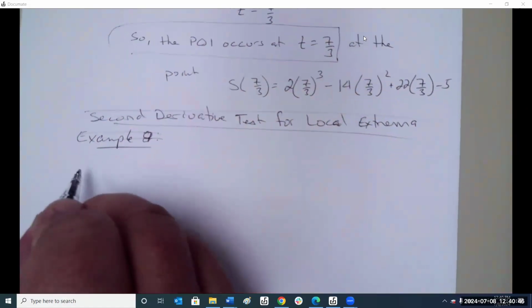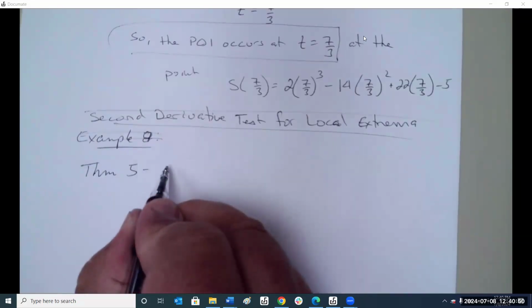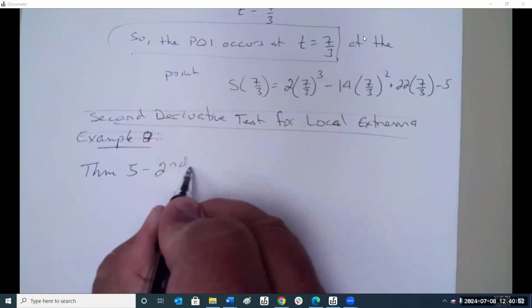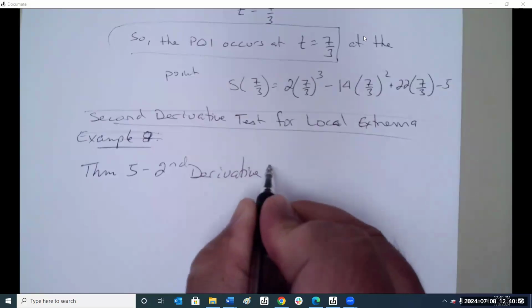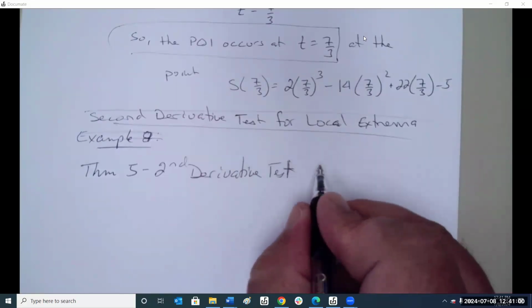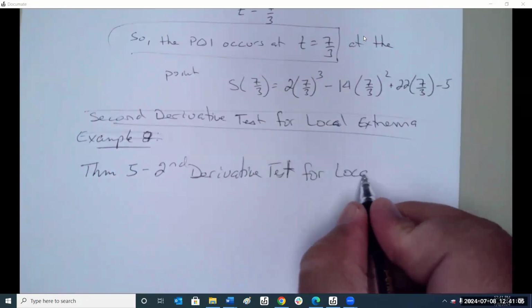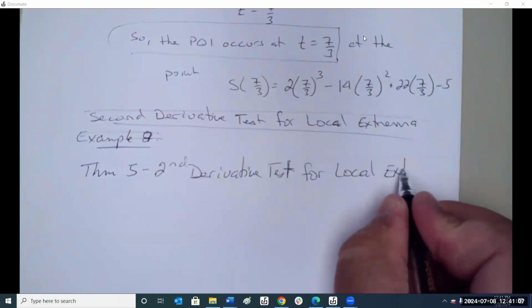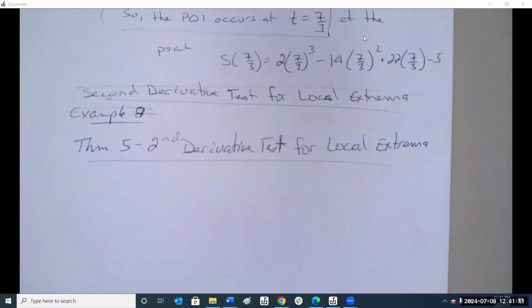So let's look at theorem 5, for local extrema.